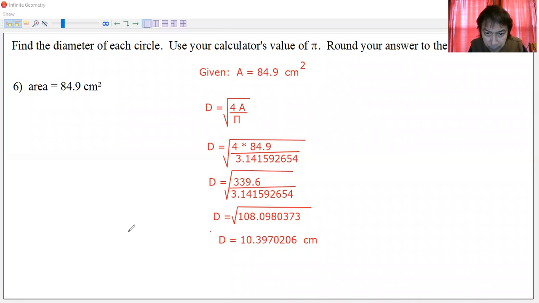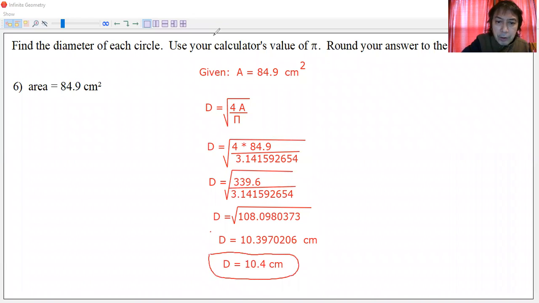All right, so before we encircle it, we're supposed to round it. So this will become 10.4 centimeters. Okay, this should be our final answer.